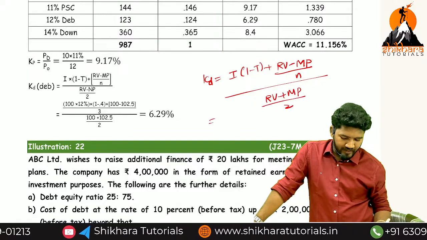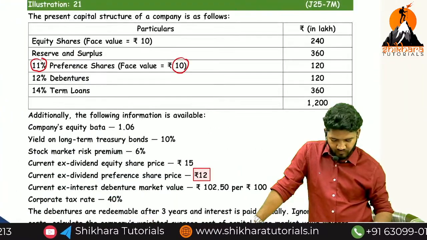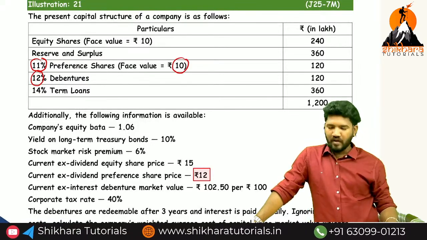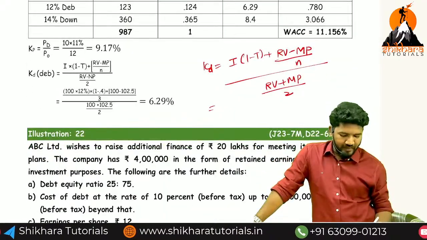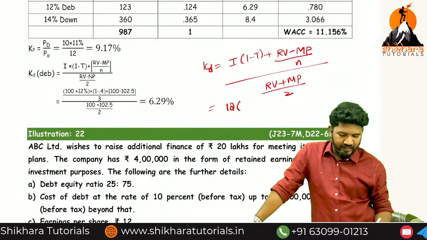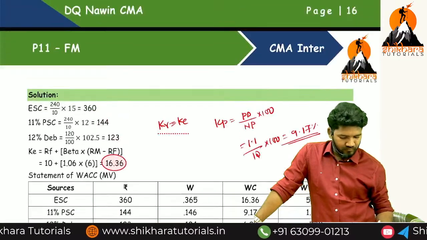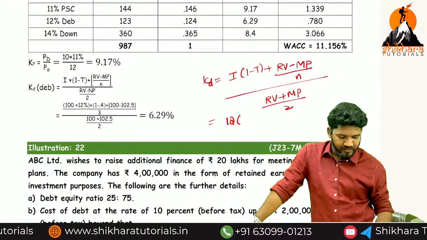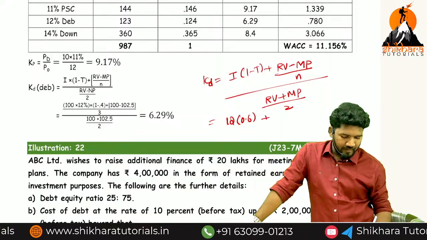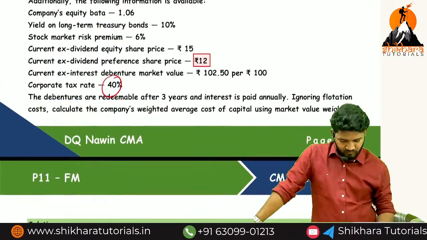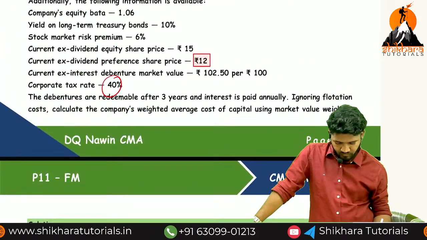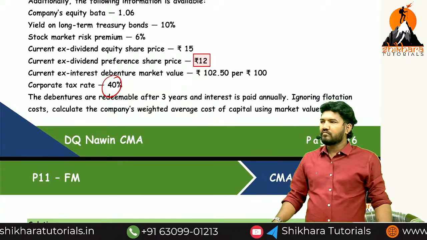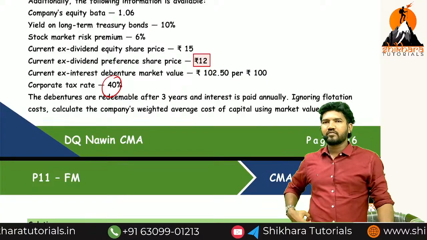Now what about the interest rate? 12% on face value. What about the face value? 100. Now 12 rupees. Tax rate 40% means can I take net 0.6? Repayment, there is no clue related to the repayment. You have to take an assumption.